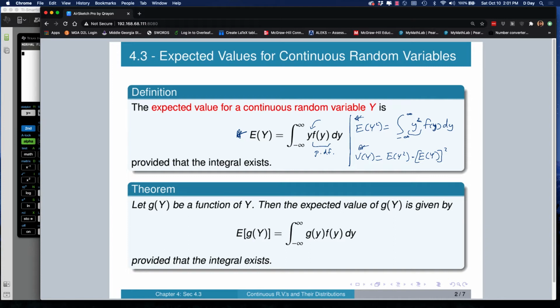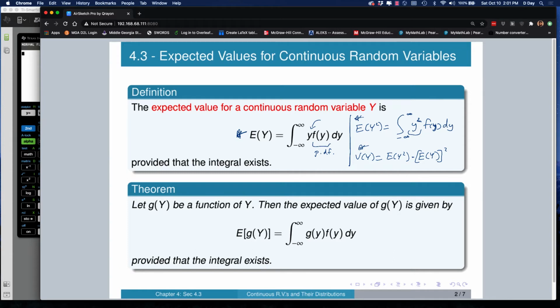Okay. Moving on. The next one is a theorem, which is kind of similar to stuff we saw before as well. It says if g of y is a function of y, then the expected value of g of y is given by the integral again over the domain of g of y times little f of y.